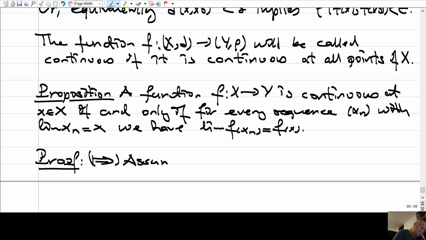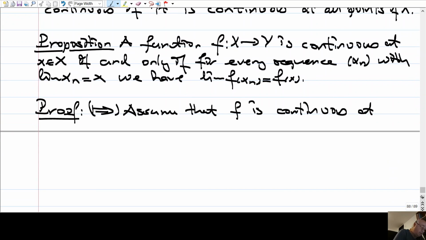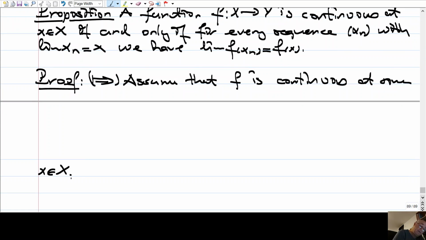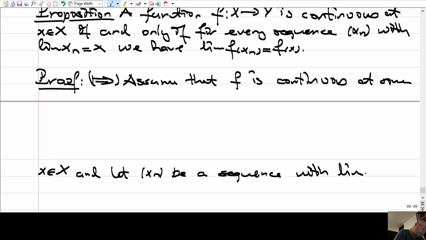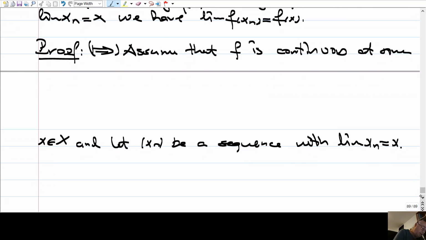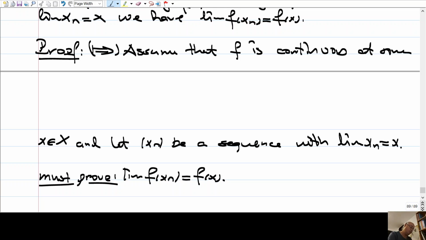Assume that f is continuous at some x in X, and let xn be a sequence with limit xn equals x. What I must prove is that the limit of f of xn equals f of x. Right? This is what I need to prove.